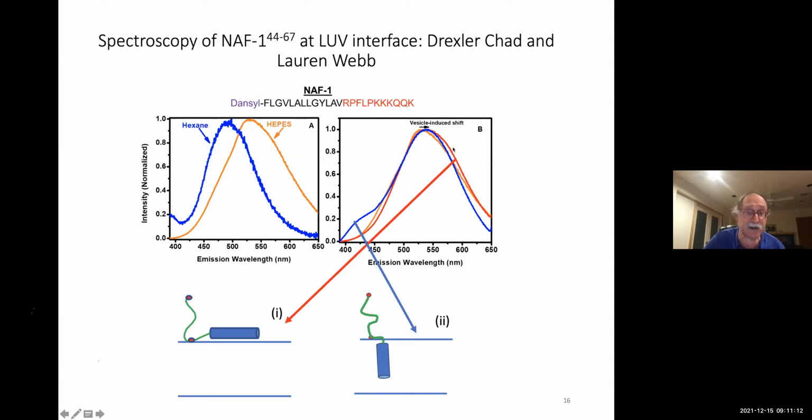The shift to the red can be interpreted as the peptides situated at the surface of the membrane having strong interaction with the charged phospholipid group, and therefore pushing the spectra into the red. The probe that they put on the NAF1, which I did not mention, is attached to the N-terminal here. It's a dansyl group.